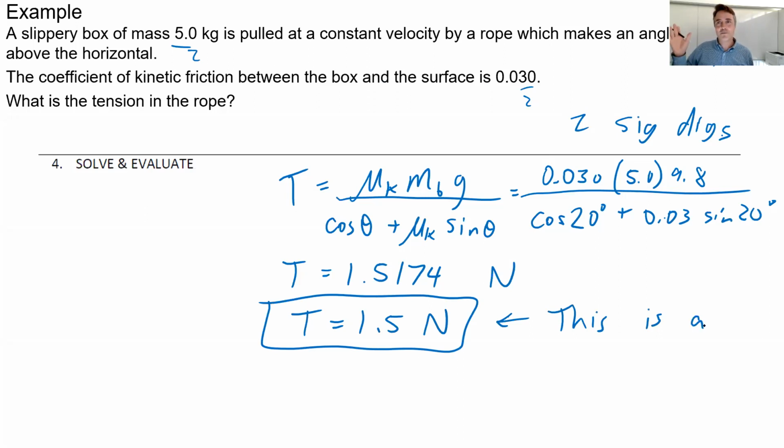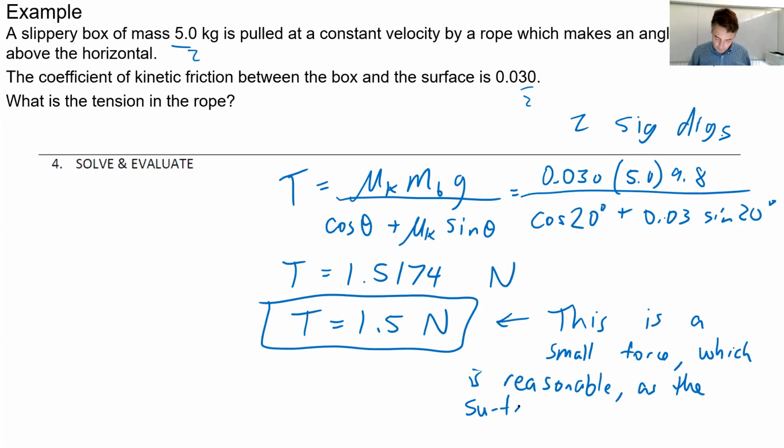It's the amount of force required to accelerate 1 kilogram: a net force of 1 newton on 1 kilogram accelerates it at 1 meter per second squared. This is a small force, which is reasonable as the ground is so slippery.